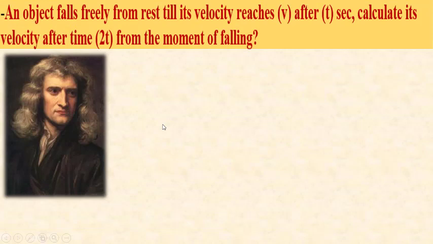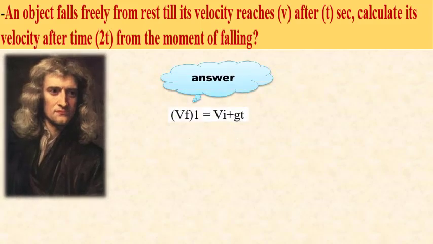An object falls freely from rest. Its velocity reaches v after time t seconds. Calculate its velocity after time 2t from the moment of falling. Okay, by applying the first equation of motion, Vf equals Vi plus gt, Vf1 will be 10t, which represents v.